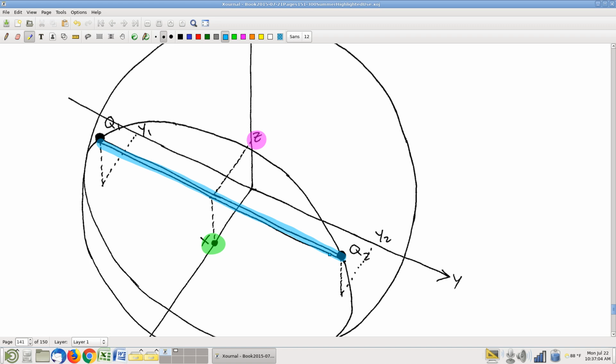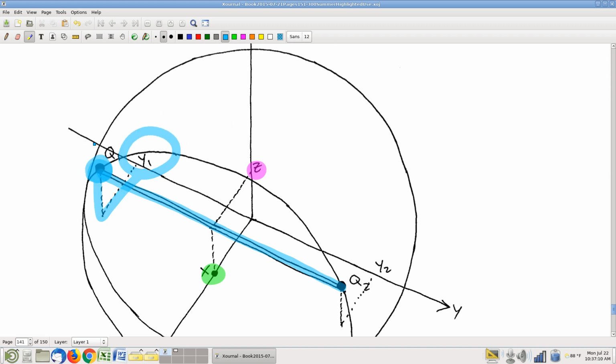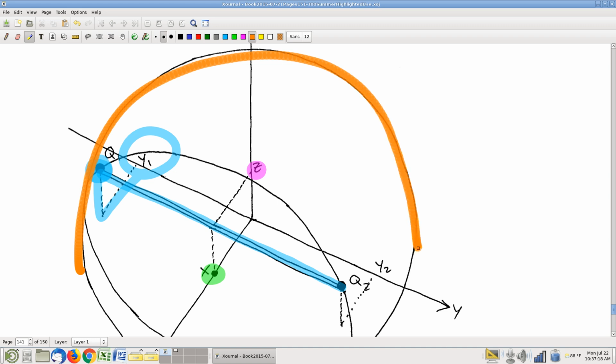What are the bounds? Well, to get this lower bound, I need to understand that point. What do I know about that point? That point I know a lot about. On the one hand, that point's on the sphere. That sphere has this equation. What else do I know about that point?